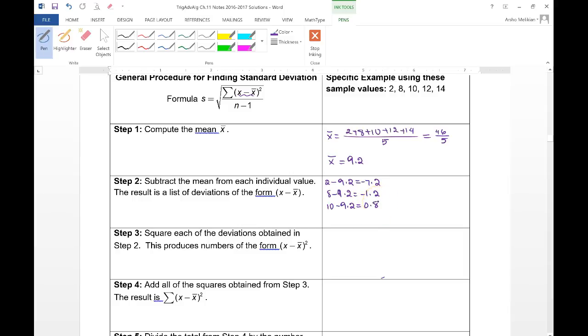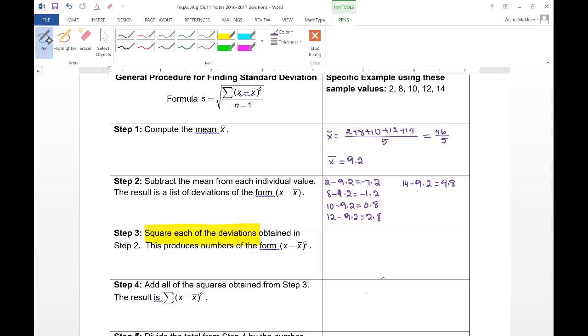Is that 0.8? 12 minus 9.2 is 2.8. 14 minus 9.2 is 4.8. The sigma can't be a negative. These are okay. Now, we're going to square each of these numbers.